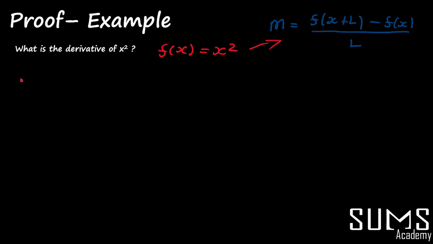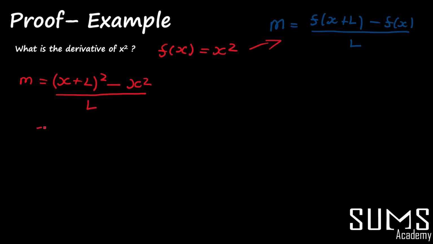So we have m equals f of x plus L, so that's x plus L, squared, minus x squared, all over L. Alright, and what does that equal?